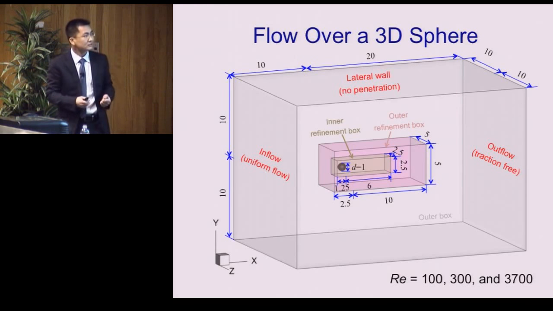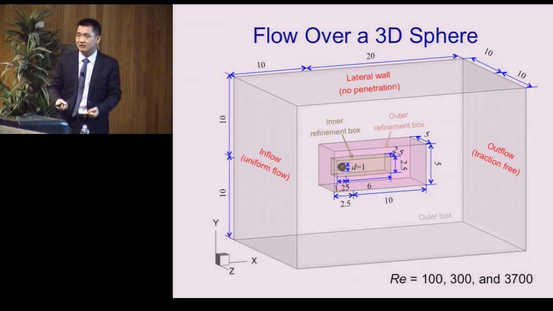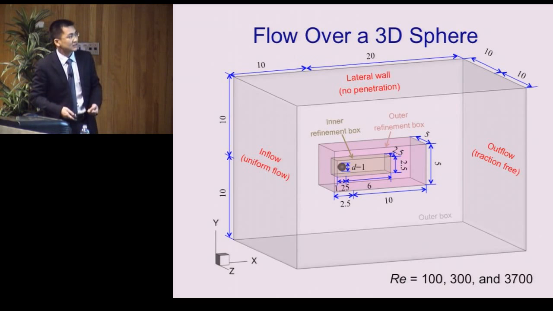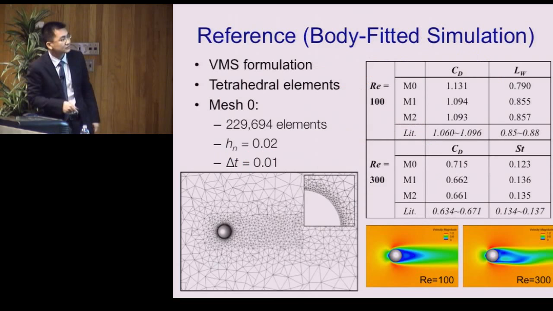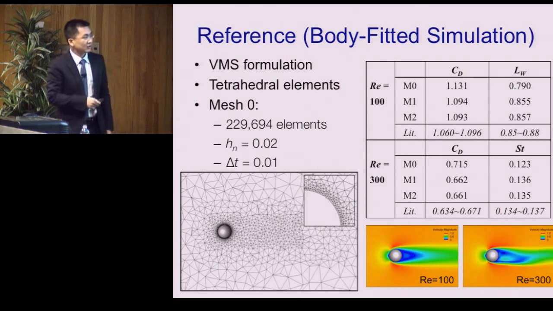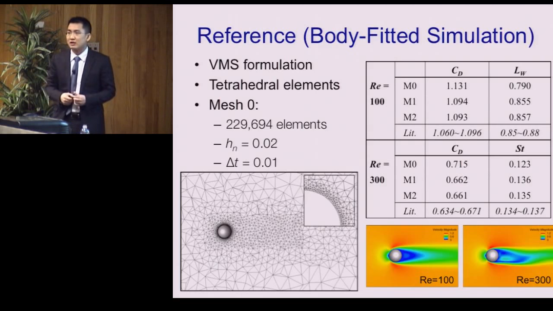It's a similar concept. But then we're going to see if we are able to come up with a non-boundary-fitted approach that is able to resolve the flow field. Okay, so basically you have a uniform inflow that is passing over this sphere. A very important thing of our study is that we want to see how accurate our new method is.